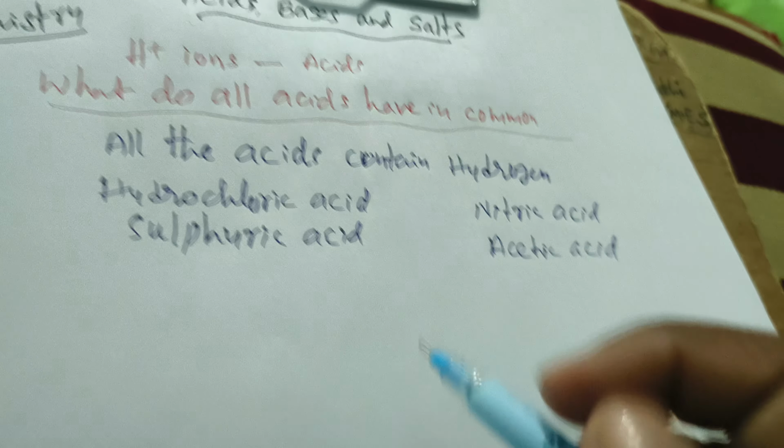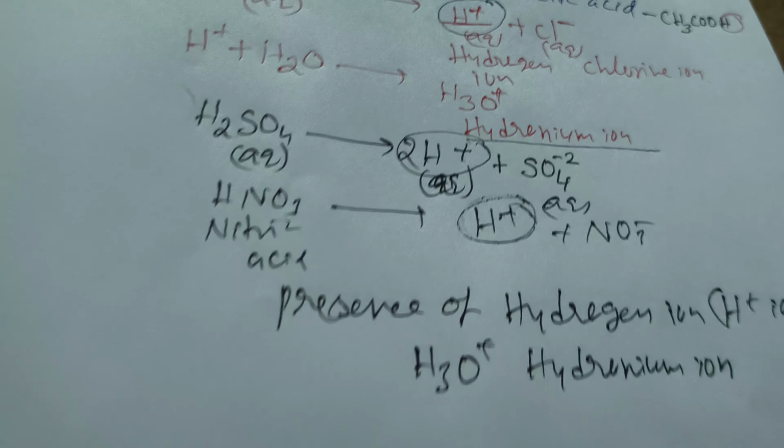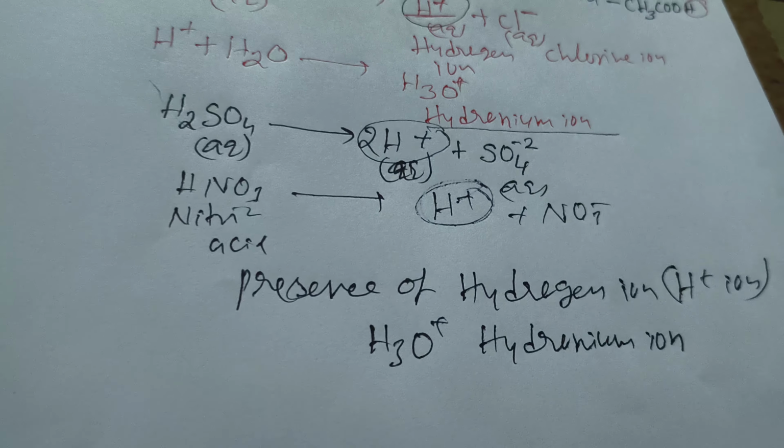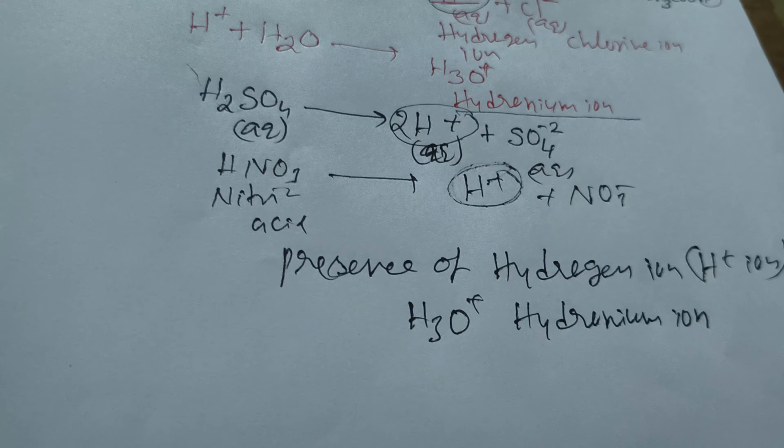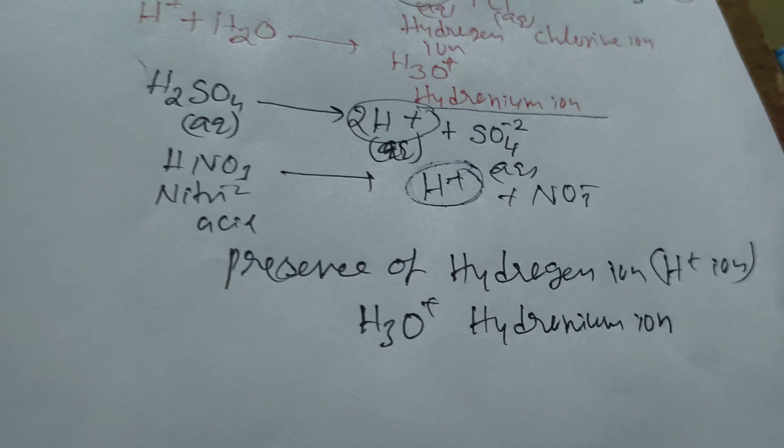That means hydrogen ions do not exist as H plus ions, but these H plus ions combine with water and form hydronium ions.